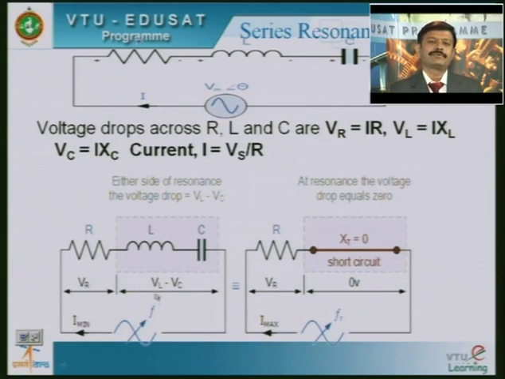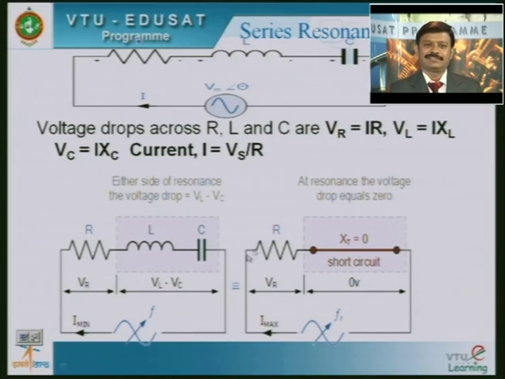See here, the difference of the voltage across the inductor and the voltage across the capacitor is considered together. When L and C become short, which I will explain in the next slide, the total reactance will become 0.